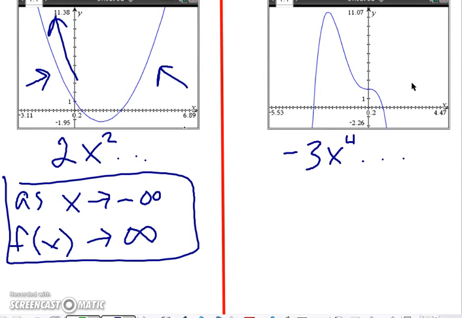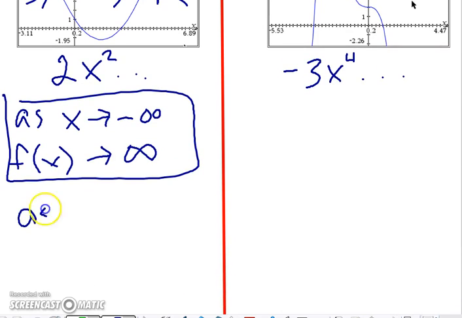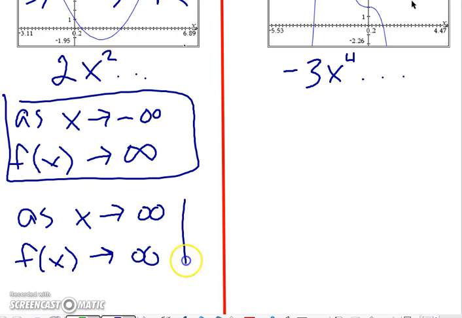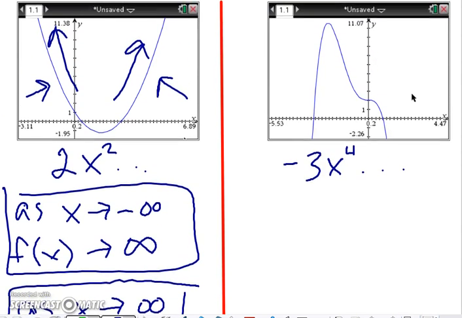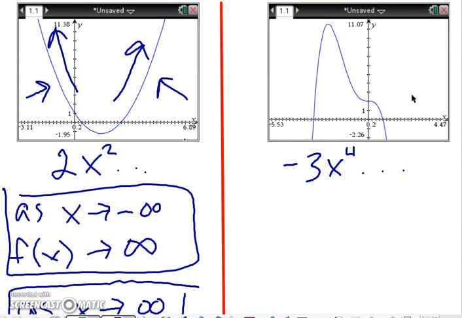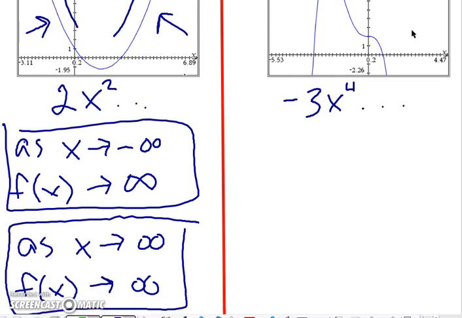As we get to larger x values, our graph is still going up. So again, as x goes to positive infinity, f of x also goes to positive infinity. So with that even highest power, we're going in the same direction. With the odd powers, we were going up and down on either end of the graph, and with the even powers, we're going in the same direction on either end of the graph.